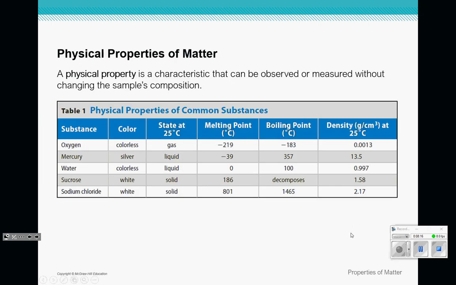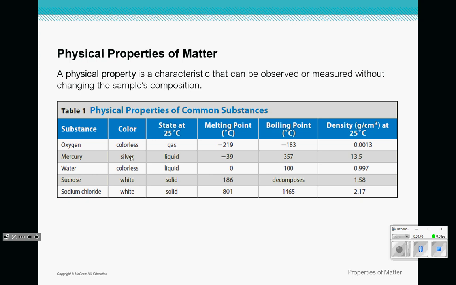The physical properties is a characteristic that can be observed or measured without changing the sample's composition. So you can see here that there are some things you can observe without changing its composition, like oxygen is colorless. It's a colorless gas. You can see that it's in the gas state at room temperature. Mercury is silver.